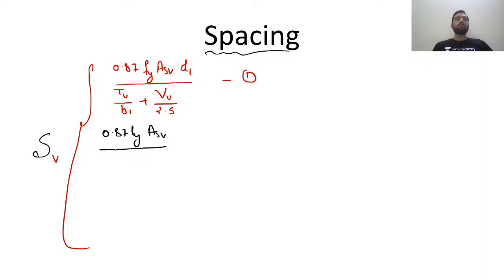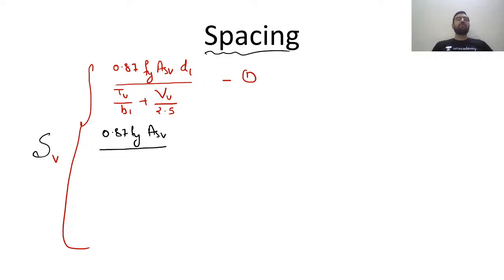If spacing is too far, then you can increase the Asv slightly. So you can increase the number of legs, or you can increase the diameter of the bar. Or if the spacing is very small, it means congestion will be there. So in order to reduce the congestion, you have to increase the diameter or number of legs.